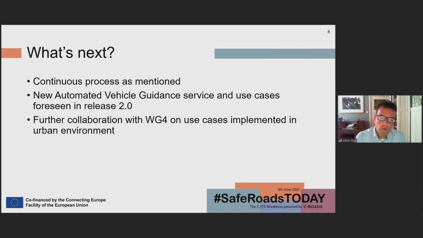And also we look forward to the further collaboration with Working Group 4, and I think you will learn more about Working Group 4 later today, about the urban environment and their specific wishes and desires on the implementations, CITS implementations in the urban environment. And we're looking forward to bring those specific use cases also into the C-Roads specifications as well.